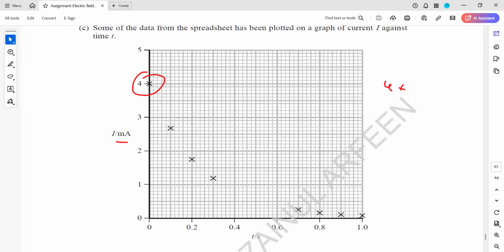So what is 37% of 4? 4 times 37 divided by 100 means 0.37 multiplied by 4.